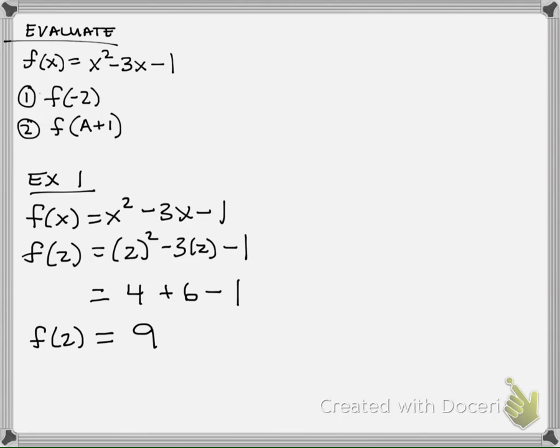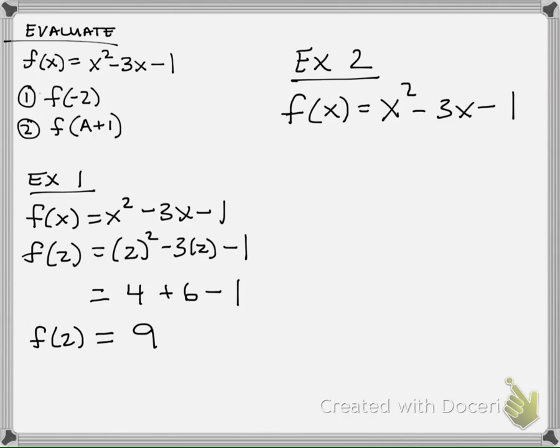Alright, let's look at example 2. In example 2, again, we start off by rewriting the function f of x is equal to x squared minus 3x minus 1. And this time, we're going to substitute in a plus 1.